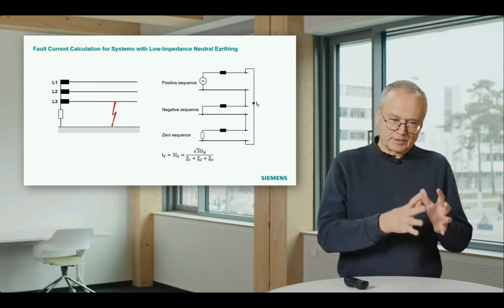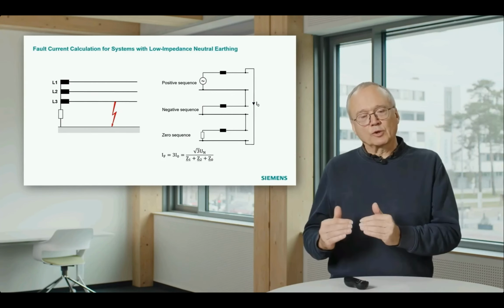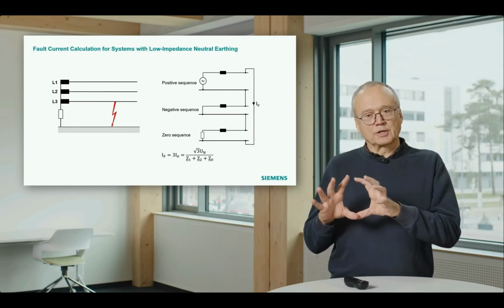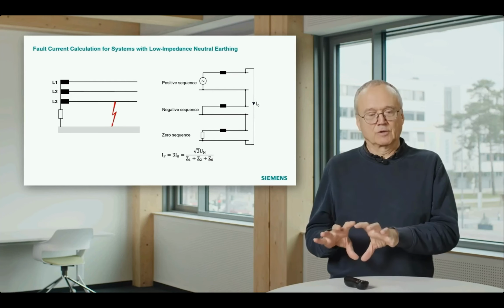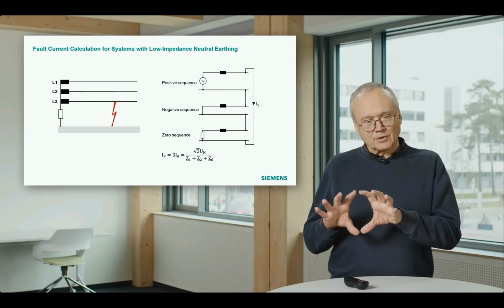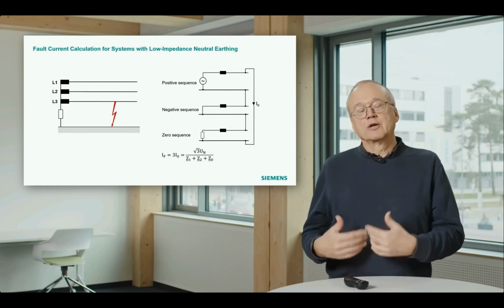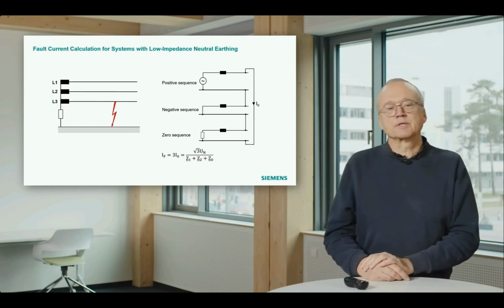That means with the 6 ohm resistor, you can limit the phase to ground fault currents to 2 kiloamps. And that is a good thing because phase to ground currents are the majority of faults. And in these cases, you limit the current, you produce less damage, you have less interference with some communication systems, and so on.